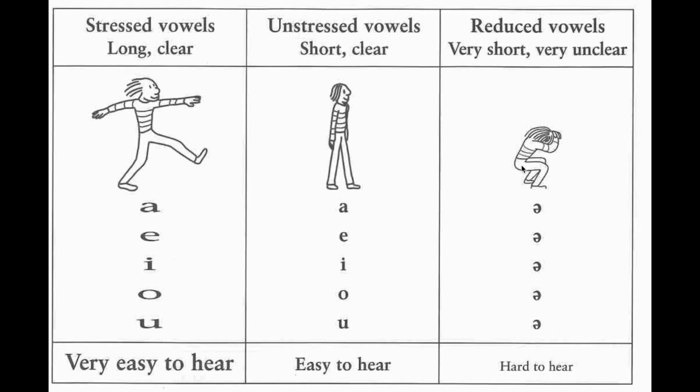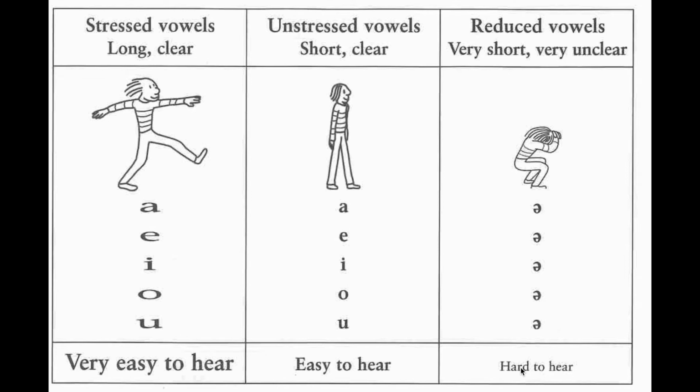But the most consistent sound that we see in English for the reduced, unstressed sounds is that schwa sound. So if you notice in terms of a picture, this person now is very small and very short. So if you think about it, the stressed sounds are going to be very easy to hear. The unstressed sounds will be easier, but the schwas are going to be on parts of words that are very hard to hear.